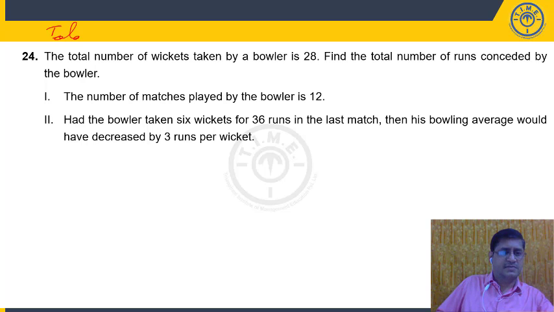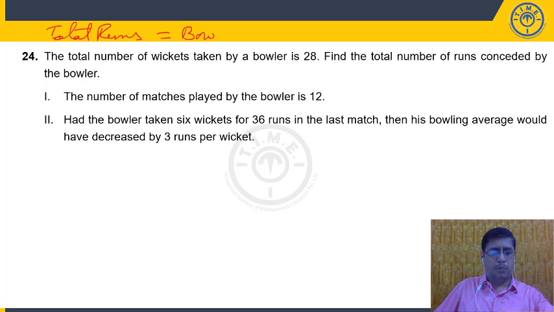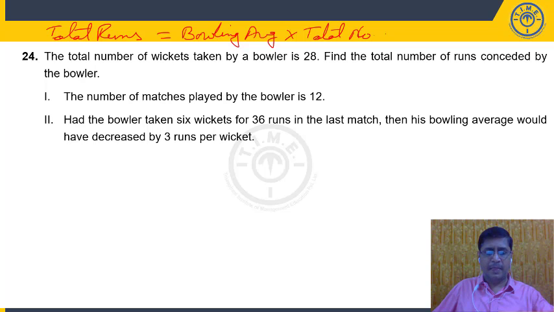Total runs conceded by the bowler is equal to bowling average into total number of wickets taken.